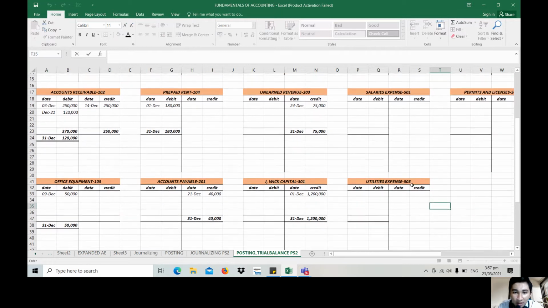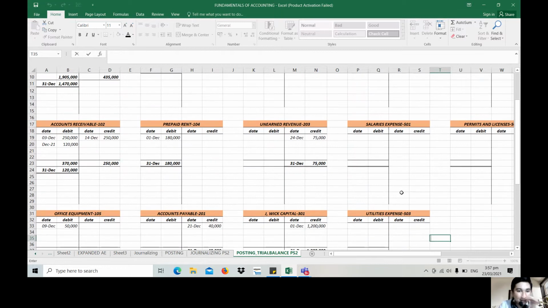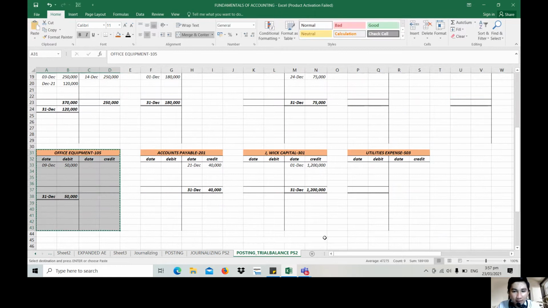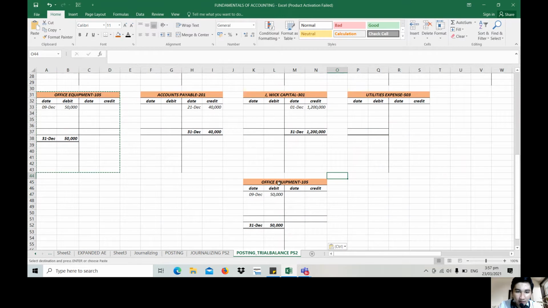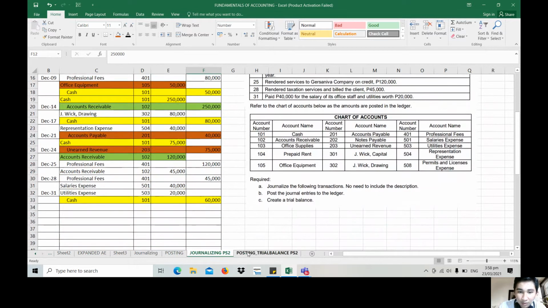Meron ba tayong John Wick drawing? Hala, hindi ko nalagyan. Okay, sige. Lagyan natin ha. Okay. Punta tayo dito. Palitan lang natin ng J. Wick drawing. And ano nga yung folio or reference number ng drawing natin? 302.